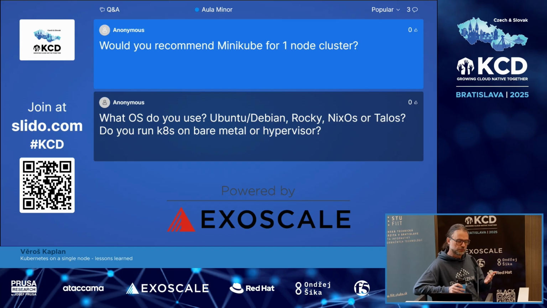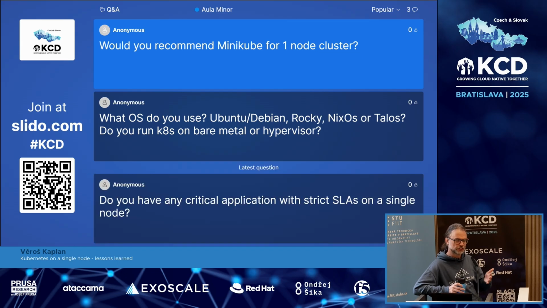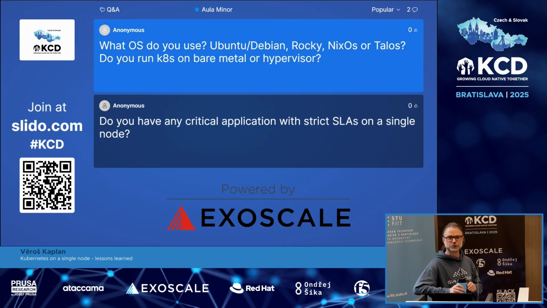Because some of our work is research and development, and we would like to test some cool Kubernetes tools, and then we are running Minikube on our machines, for example, for testing. But I never tried to run Minikube in production. If somebody tried, I would like to hear the experiences, really. Catch me in the coffee room. So I have no experience with Minikube in production.